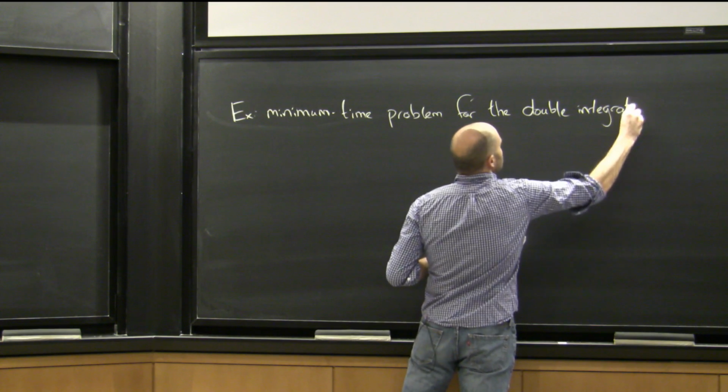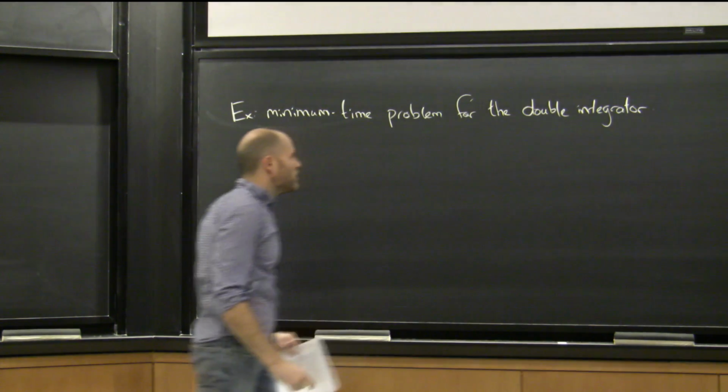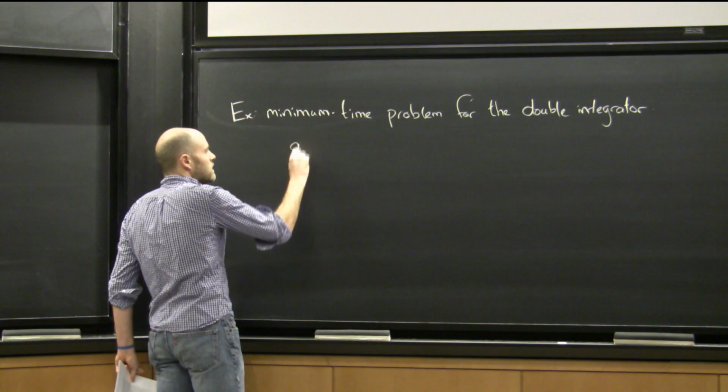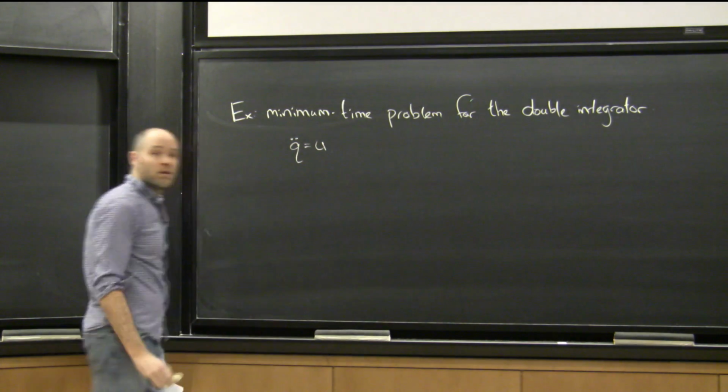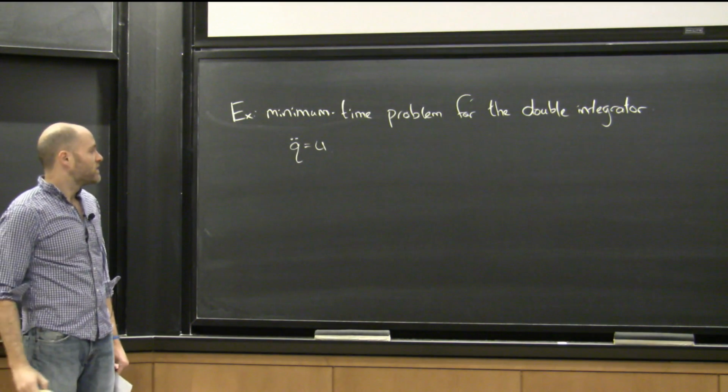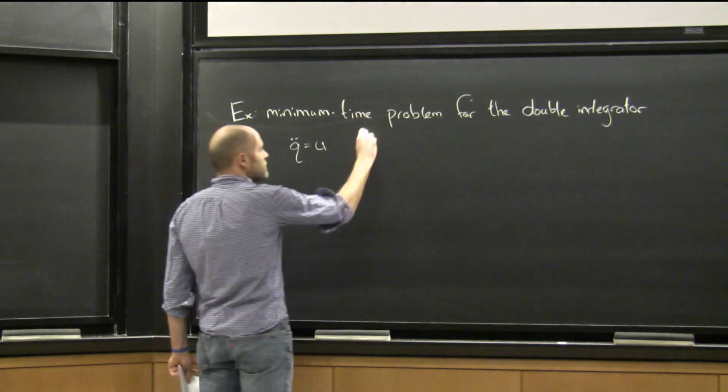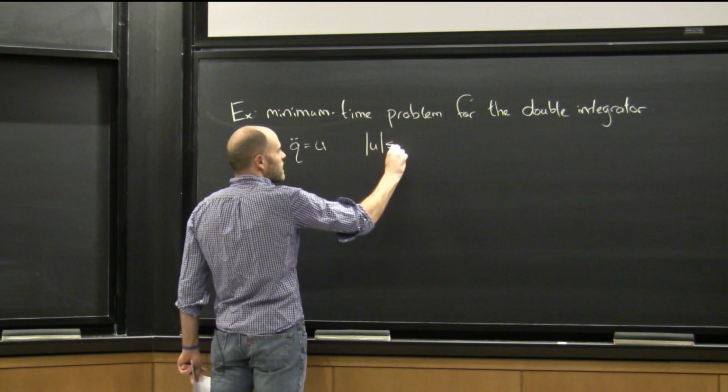Famous problem, famous solution: the double integrator. It just means that my dynamics, still second order, are q double dot equals u. The problem becomes interesting if I put limits on u.